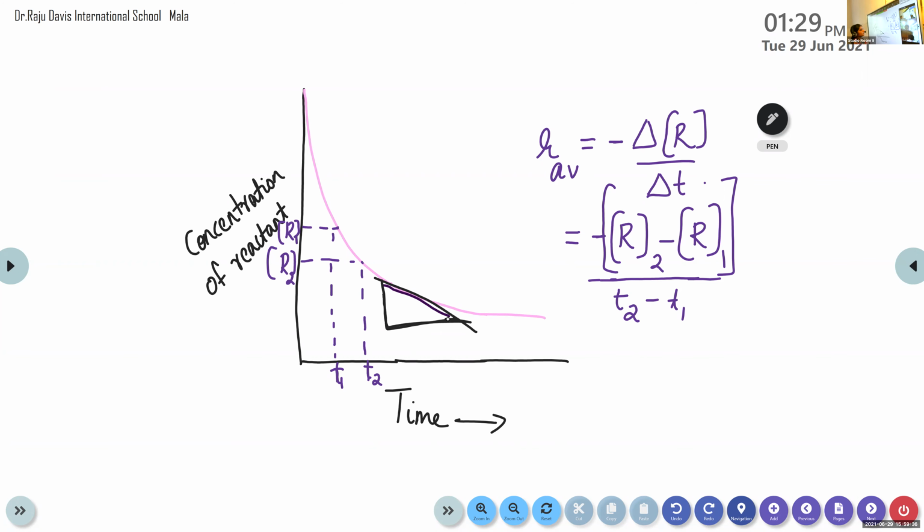Then the method to find the instantaneous rate, that is R instantaneous, is to find the slope, negative slope. How to find the slope from this?